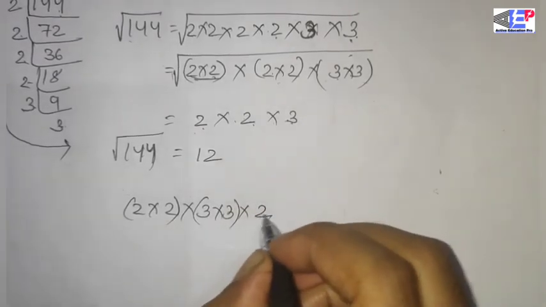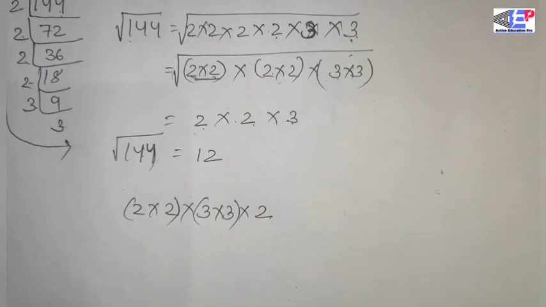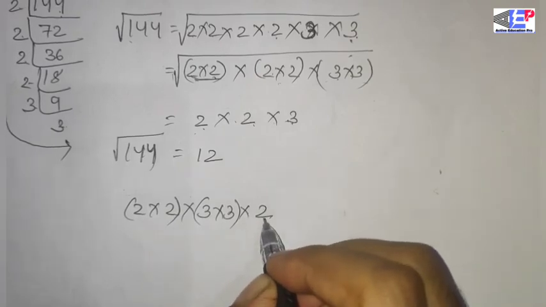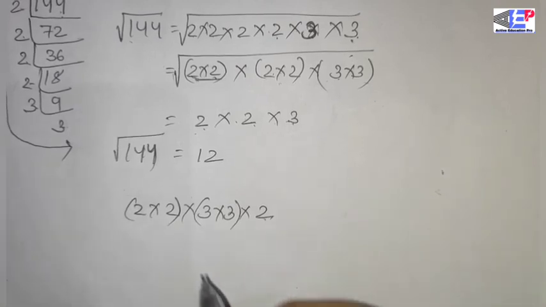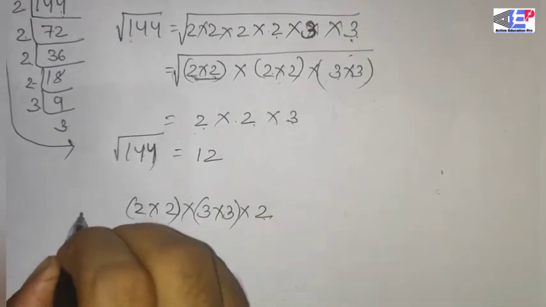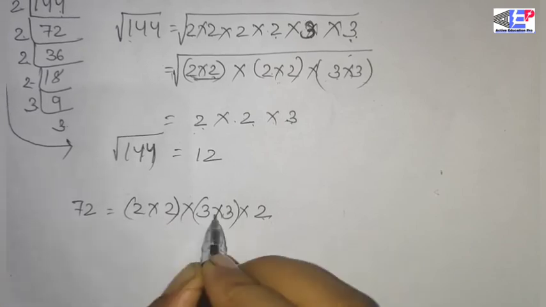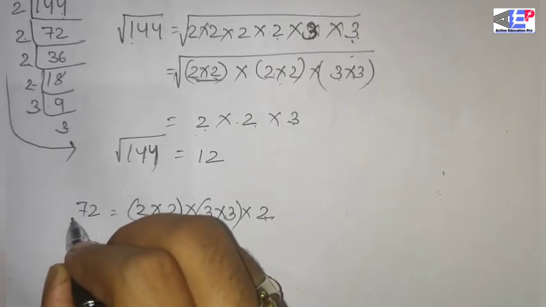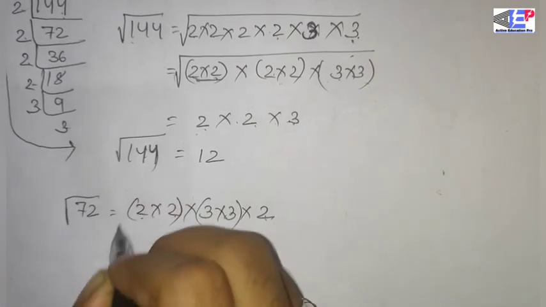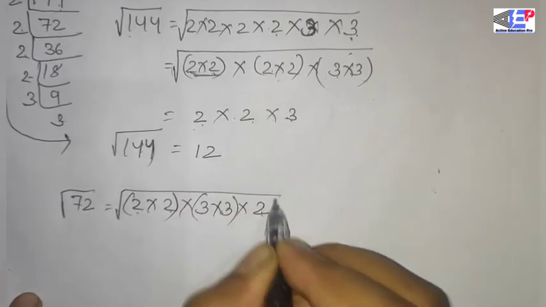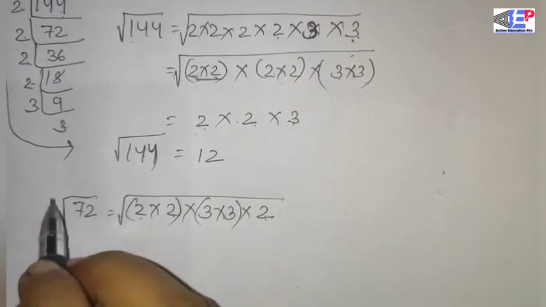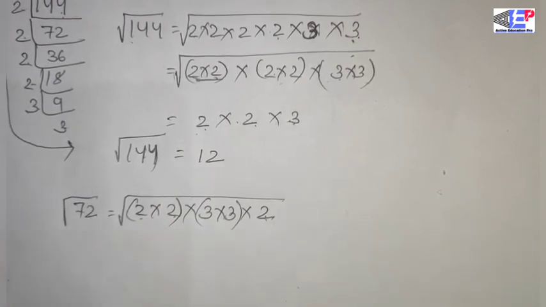But here 2, you need another 2 to make a pair with this 2, but there is no 2. This is 72, 2 into 2 into 3 into 3 into 2. If you have to find out the square root of 72, you cannot make proper groups of these factors. So 72 is not a perfect square number.